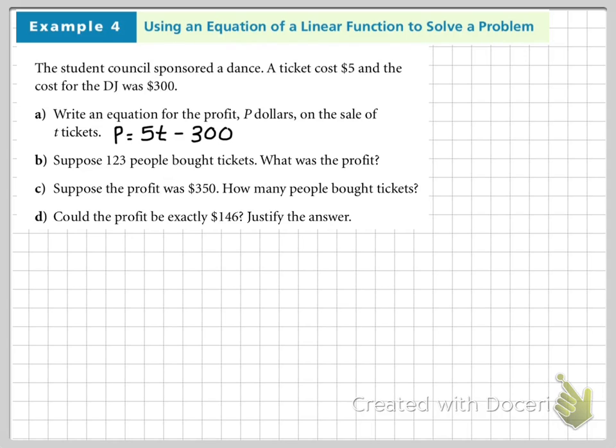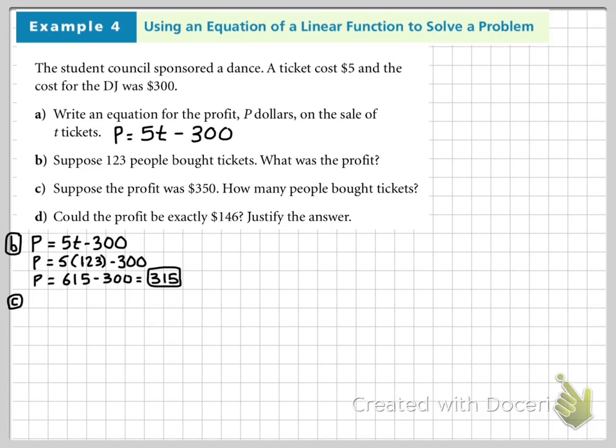Suppose 123 people bought tickets. What was the profit? Well, that's B down here. If I take my equation, P is equal to 5T minus 300, and I substitute 123 for T, the tickets sold, I can calculate that P is going to be $315. For C, suppose the profit was $350.